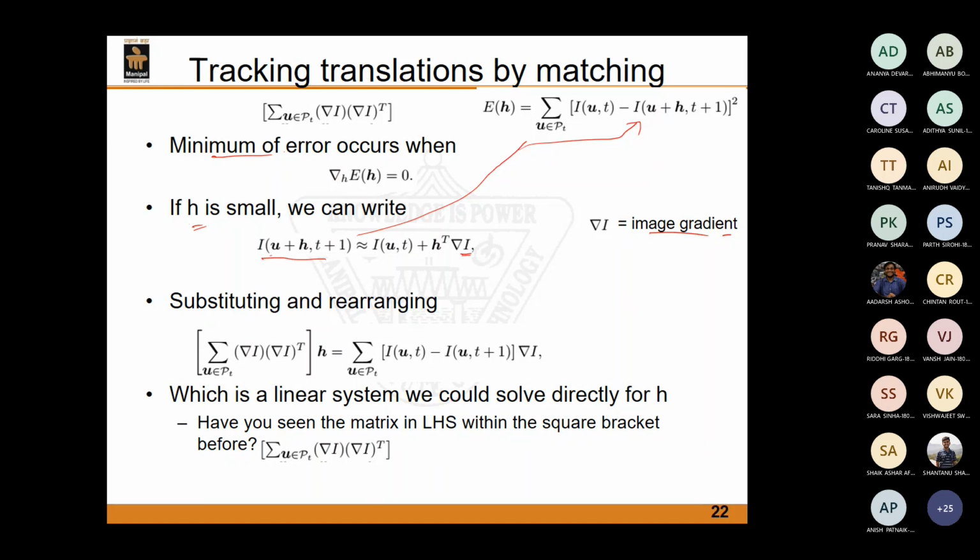As I said earlier, we differentiate with respect to h, and we try to simplify.